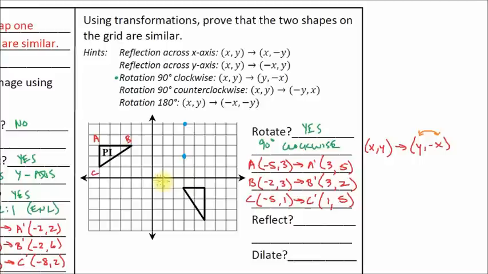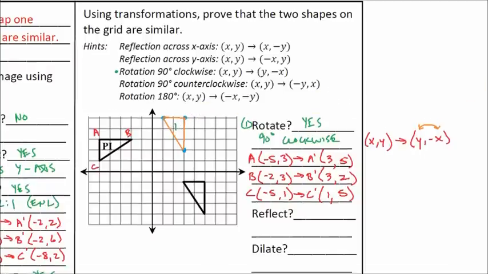And our C value is 1, 1, 2, 3, 4, 5. So, as weird as this looks, this is the new location for our triangle ABC rotated 90 degrees clockwise. And we're going to call that transformation number 1. So there's our triangle with transformation number 1, rotation.